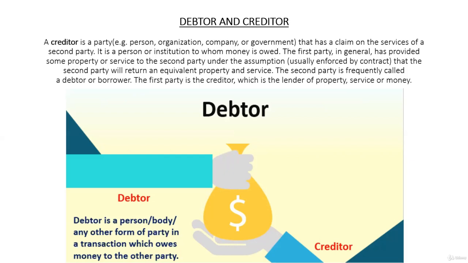How? If I am purchasing goods on credit, I'm not paying the cash right now, but for the future my liability increases, so my creditors will increase. I'll be increasing the creditors in my books.